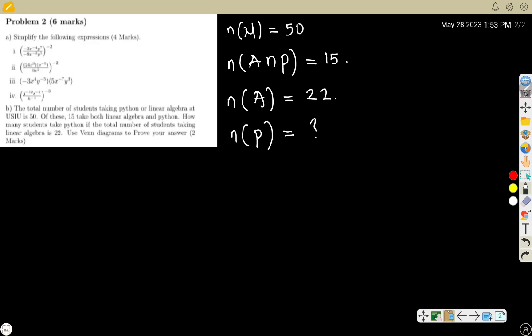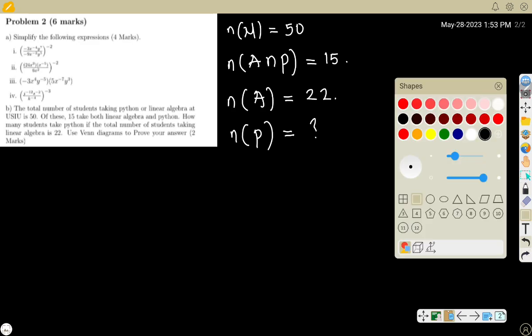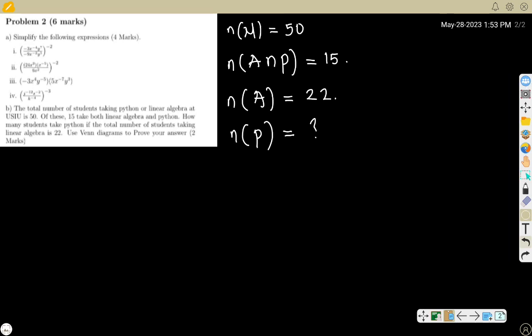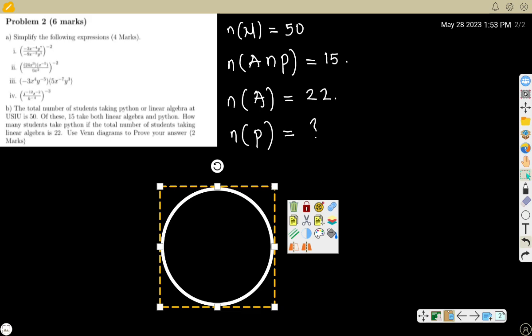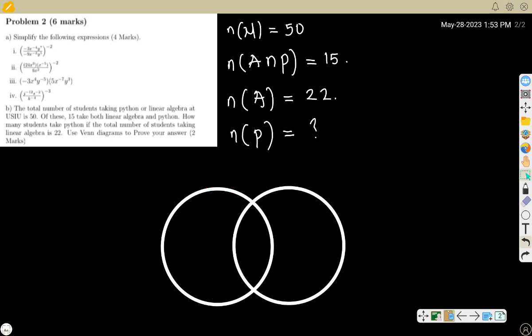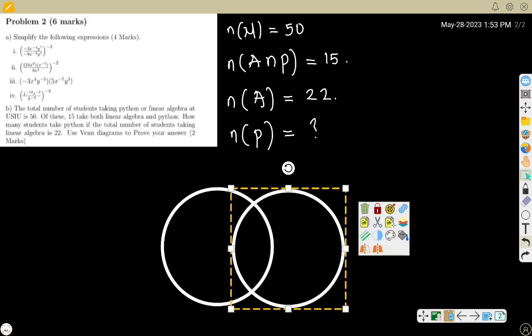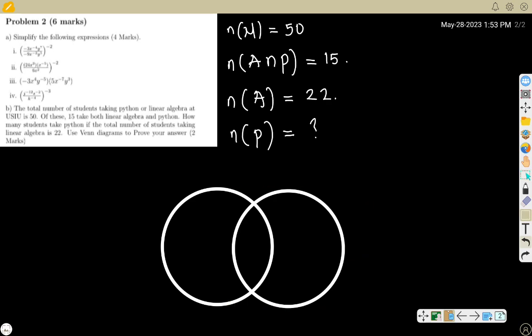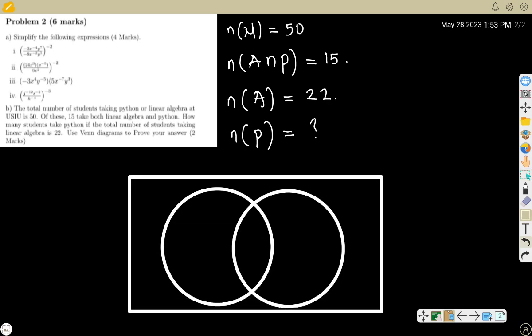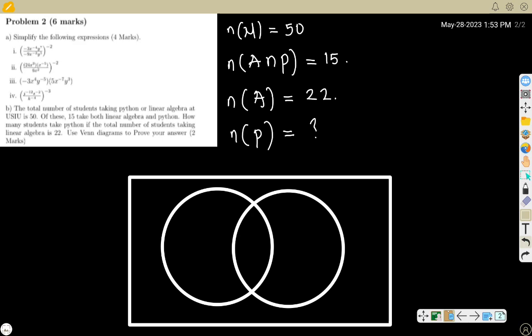So we are going to put this on a Venn diagram. So we have our diagram this way. So now universal is 50.